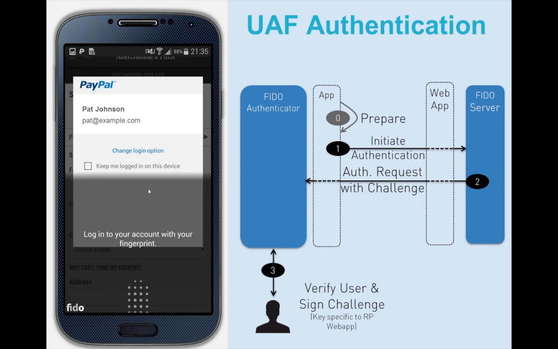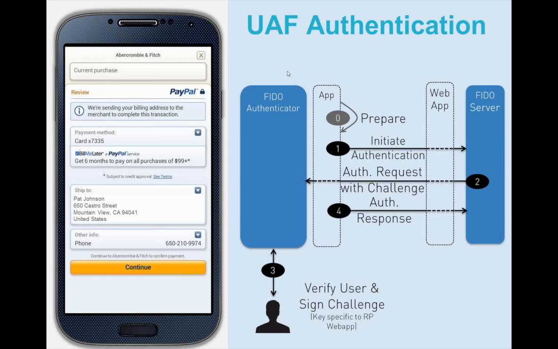Now, once the authenticator receives that authentication request, the authenticator wants to verify the user. In this case, it displays a FIDO logo in the lower left corner. It displays a lot of dots, which point to the fingerprint sensor, which is the home button at the bottom of the device. So if you swipe your finger, the authenticator verifies the user, signs the challenge, and generates the authentication response.